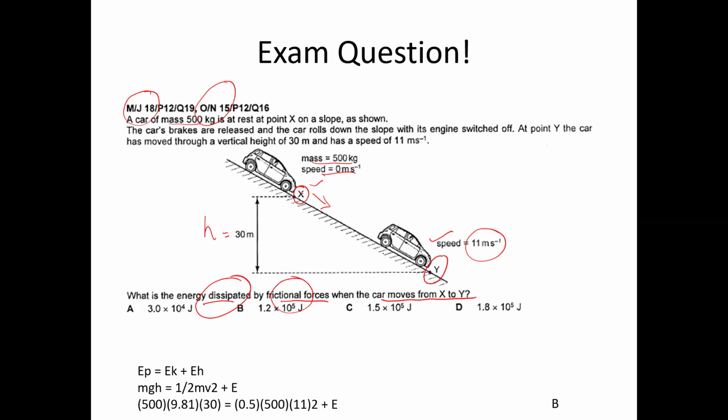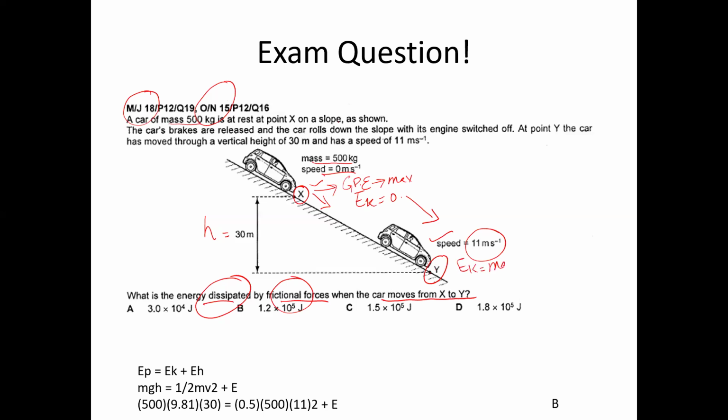We know at point X, what is maximum? At point X, gravitational potential energy is maximum. And definitely when it is at rest, kinetic energy is zero. And when it begins to fall downward, what happens at point Y?